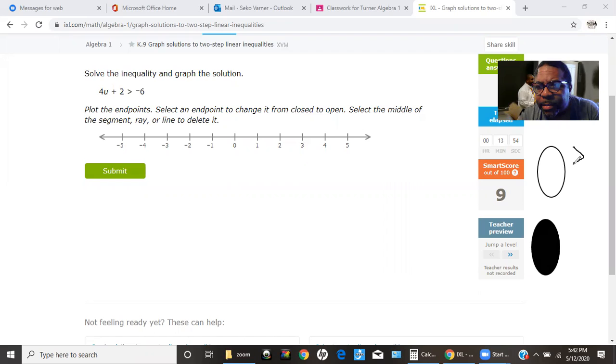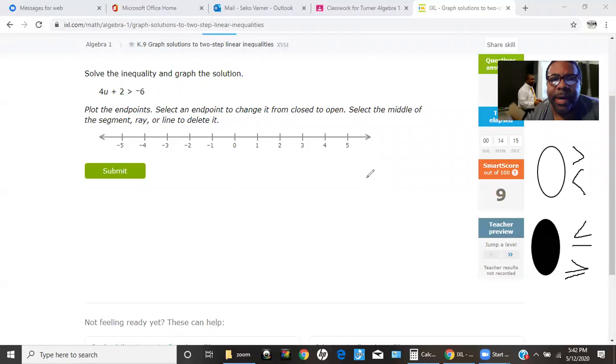It'll be like this, or greater than sign. Whenever you graph it on a number line, it's going to be an open hole, okay? But if it's a closed hole, or if it's greater than or less than or equal to, then you're going to use a dark hole when you do it.